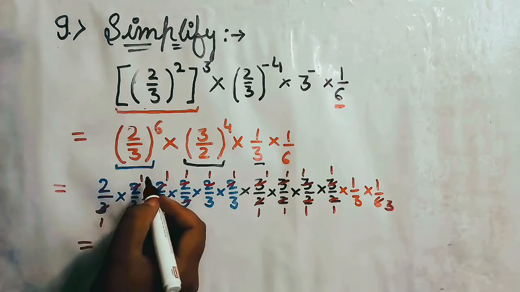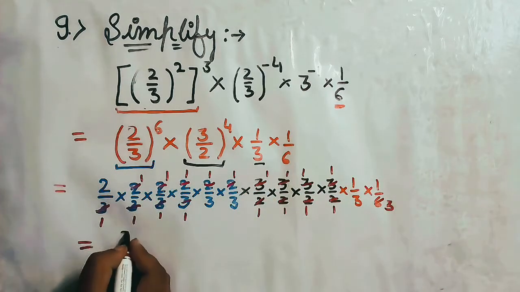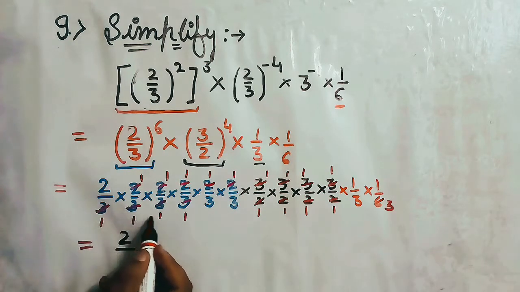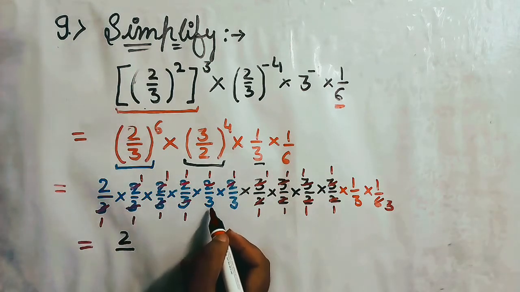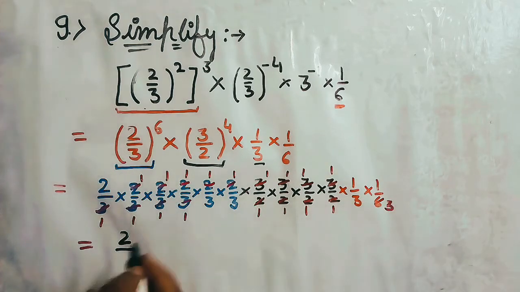So in numerator there is 2 multiplied by only 1 is there. So 2 ones are 2 upon 1 3s are 3, 3 3s are 9, and 9 3s are 27, and 27 3s are 81. So 2 upon 81 is your required answer.